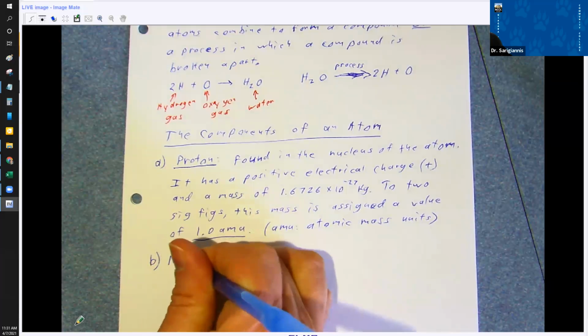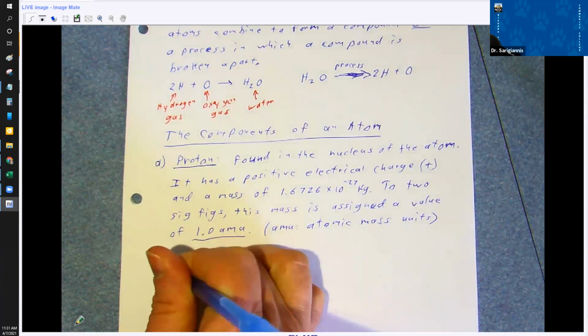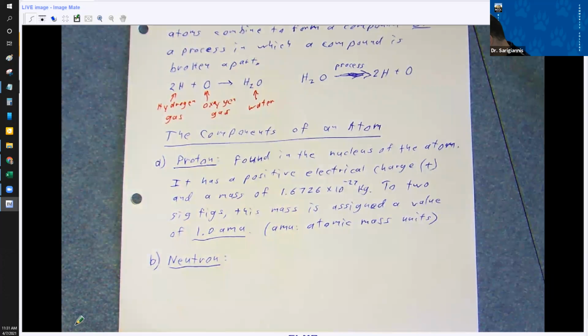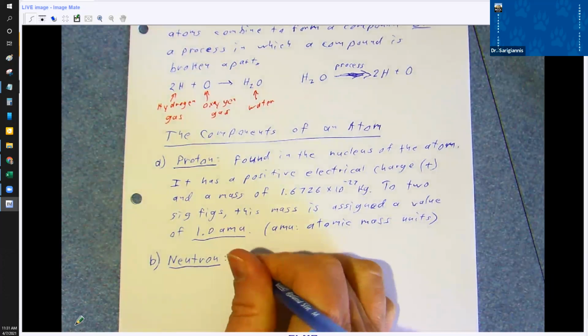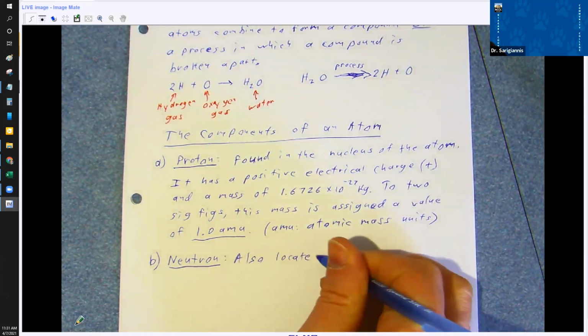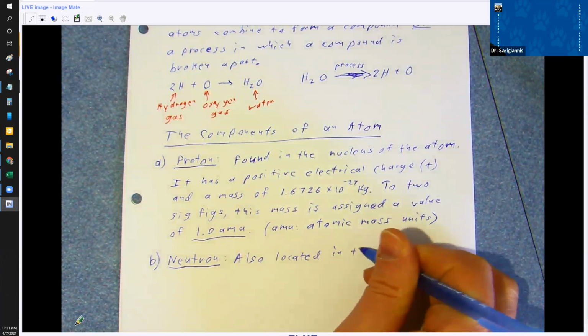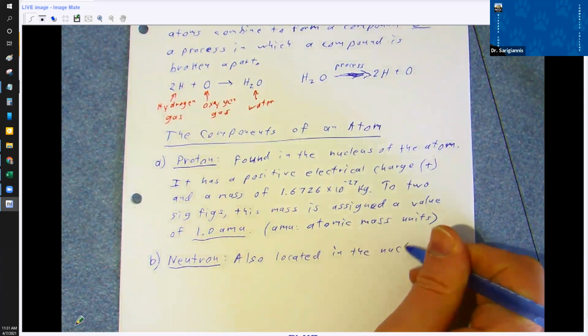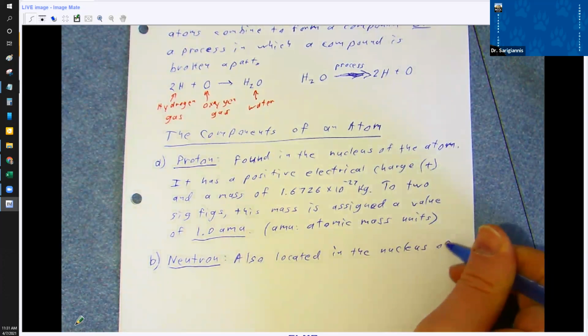Let's talk about the neutron now. This is also located in the nucleus of an atom.